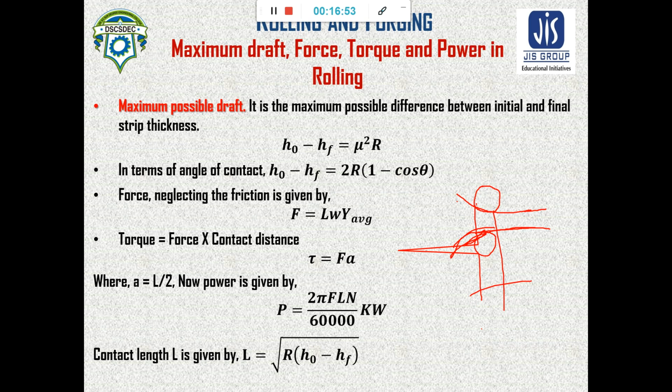The angle from the center is known as the contact angle, and the thickness here is the strip thickness before, that is H0, and the thickness here is the strip thickness after, that is Hf, and the friction between the roll and workpiece is mu. Coefficient of friction is mu, and r is the radius of the roll.